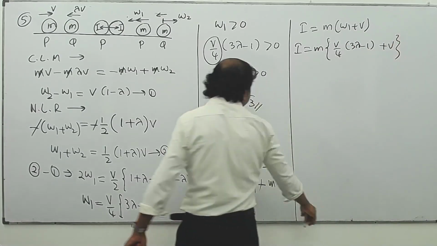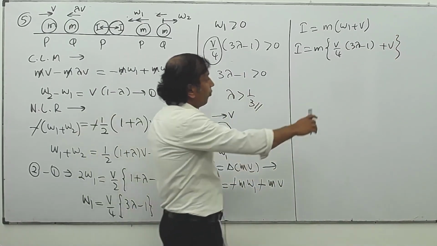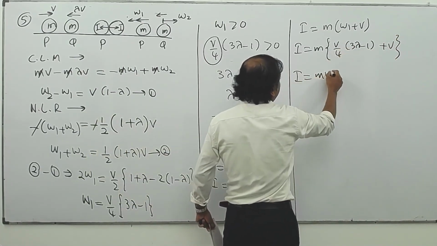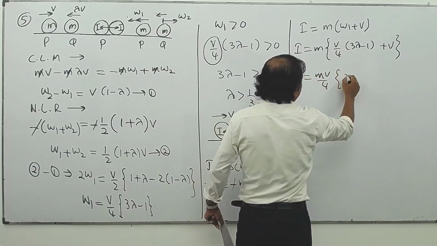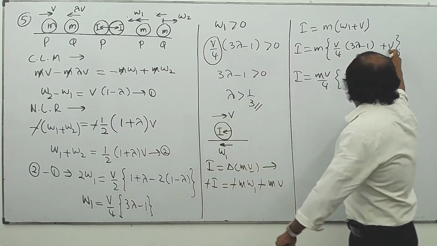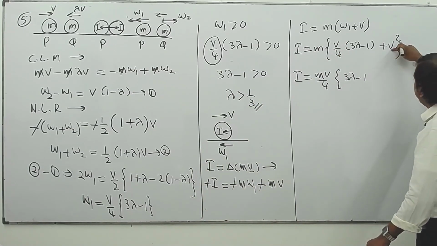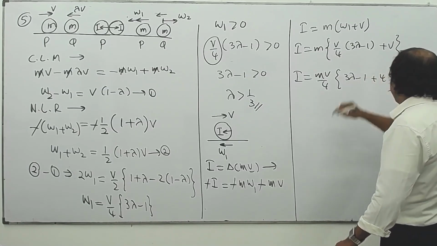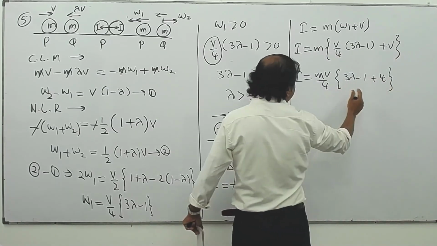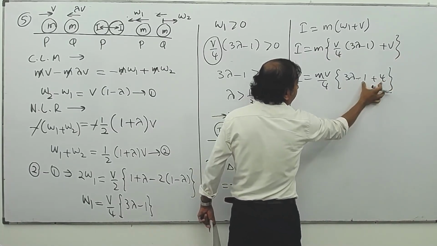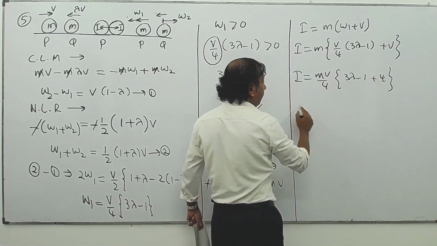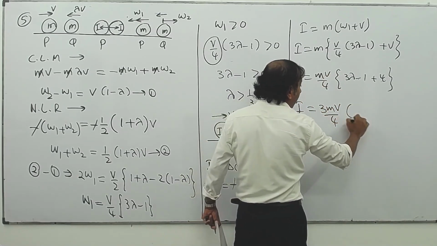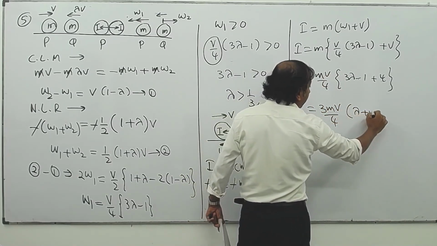Now take this v by 4 out. Then we get mv by 4. Then here we have 3 lambda minus 1, but here we don't have denominator 4. 4 denominator multiplied by 4, then that will be 4. Minus 1 plus 4 is 3, no? That 3 and this 3 you can take out. I equals 3mv over 4 times lambda plus 1. Correct, no?